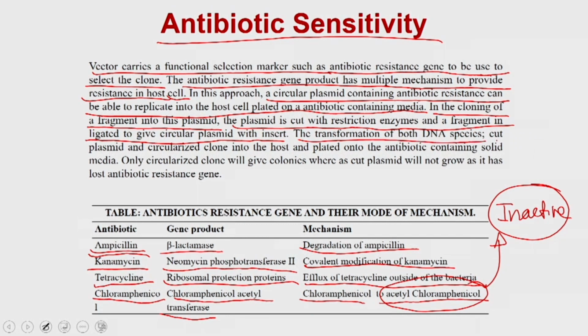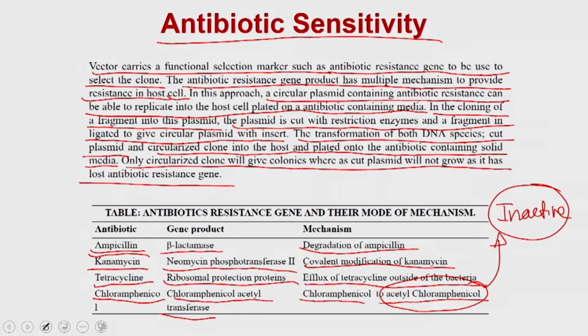The transformation of both DNA species, the cut plasmid and the circular clone, into the host and plated onto the antibiotic-containing media: only the circularized clone will give you colonies, whereas the cut plasmid will not grow as it has lost the antibiotic resistance gene.